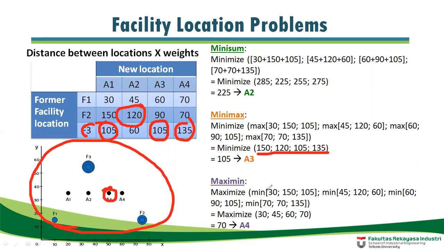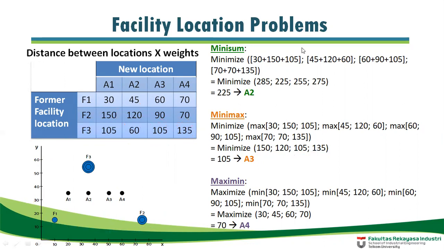Now, let's take a look at another option. If you want to apply Maximin, finding the maximum of the minimum traveling distance, you just switch the function by finding the minimum number of every new location. So every location has a minimum number, which is 30, 45, 60, and 70.